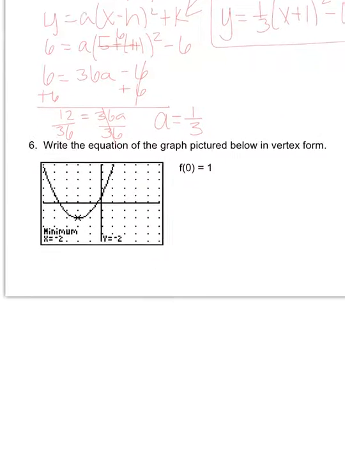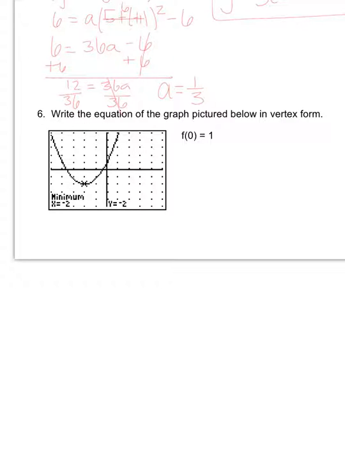Okay, looking at the next one, we have a graph. Notice that it says write the equation in vertex form. So we need to find the vertex. So looking at that graph, it actually already tells us the vertex would equal negative 2, negative 2. And then we're given the point 0, 1.